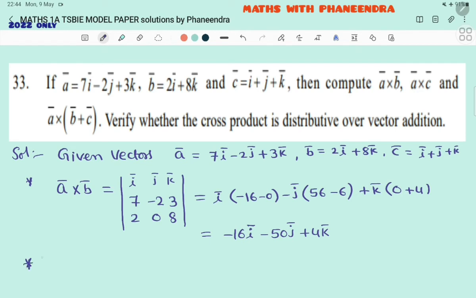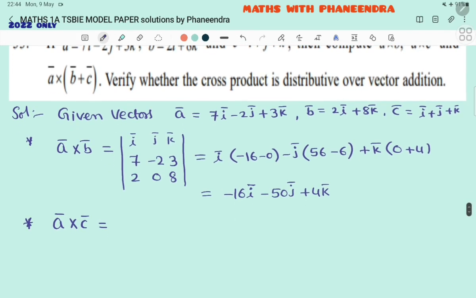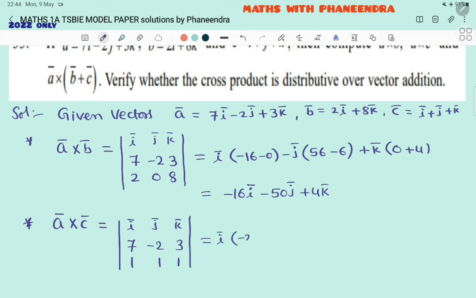Next, A bar cross C bar you can calculate. So i, j, k. A bar means 7, -2, 3, C value 1, 1, 1, which is equal to i into -2 -3, minus j into 7 -3, plus k bar into 7 minus of -2 plus 2.